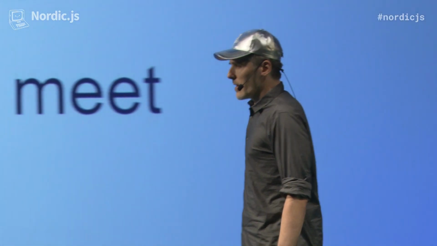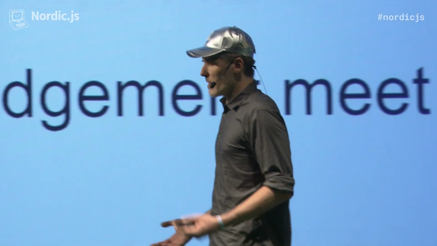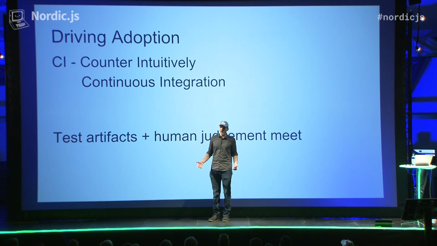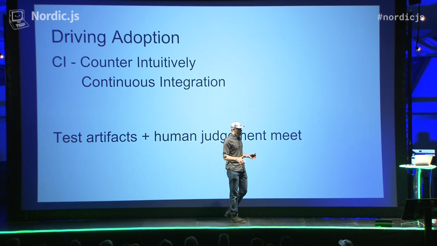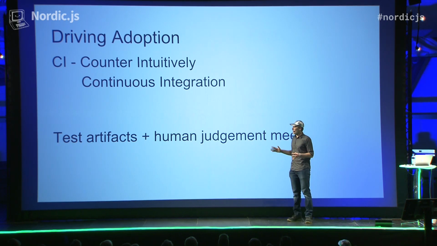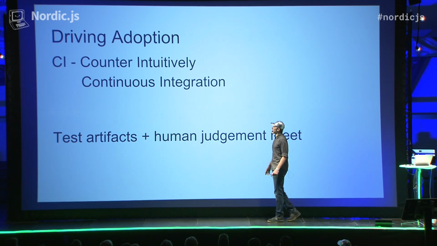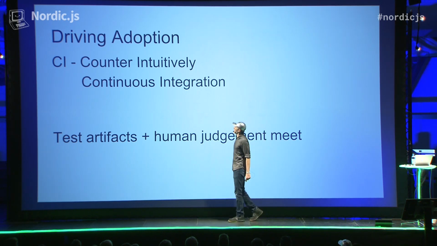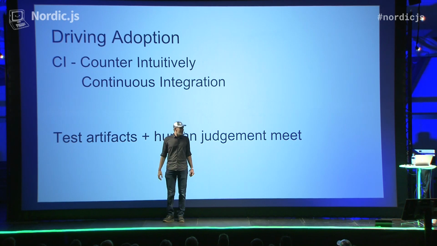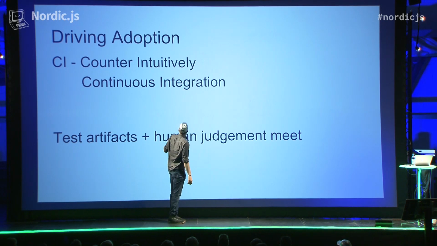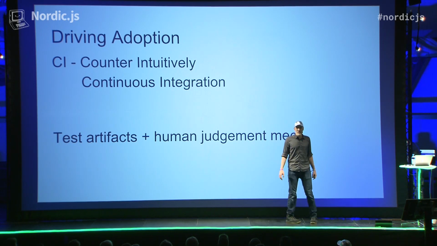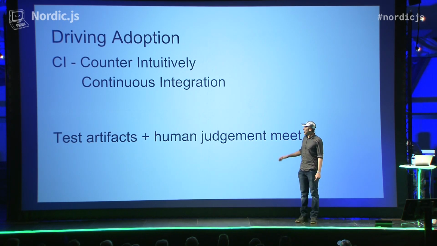But getting these techniques adopted can be hard. So that was the real failing of CSP. Besides the difficulty of crafting and maintaining narrow, secure policies, the other was really getting adopted. So we found, somewhat counterintuitively, that you can use continuous integration tools to drive adoption of these practices.